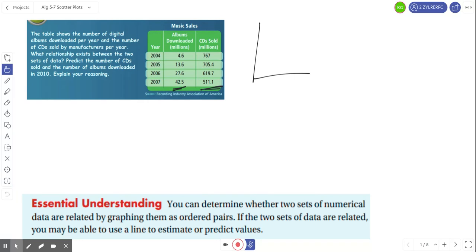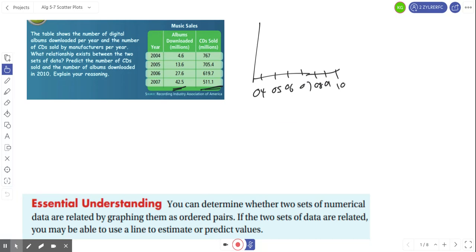And so I would graph the independent variable here, which is going to be the year. So we've got 2004, 2005, 2006, and 2007. And we're trying to predict 2010, so I'll put that on there as well.